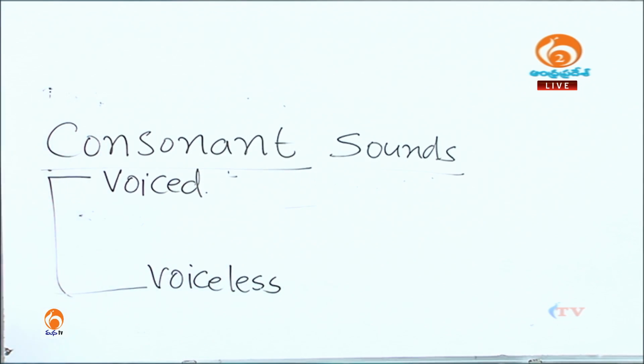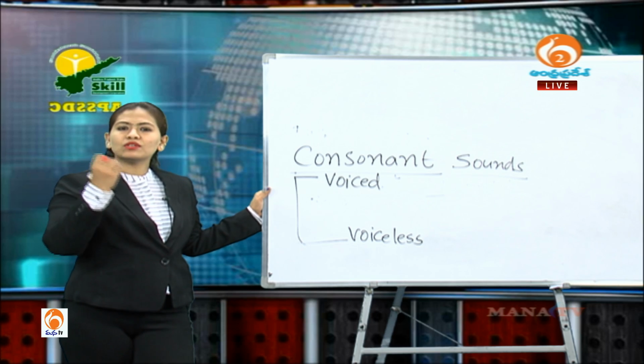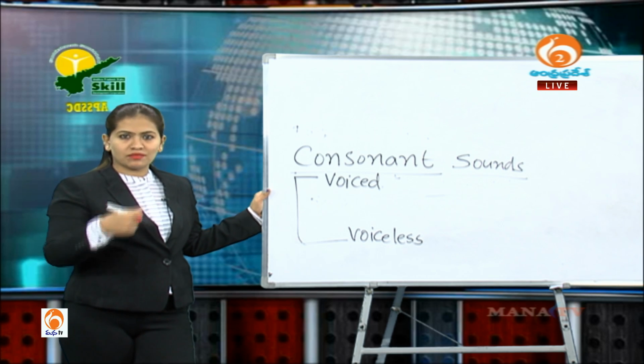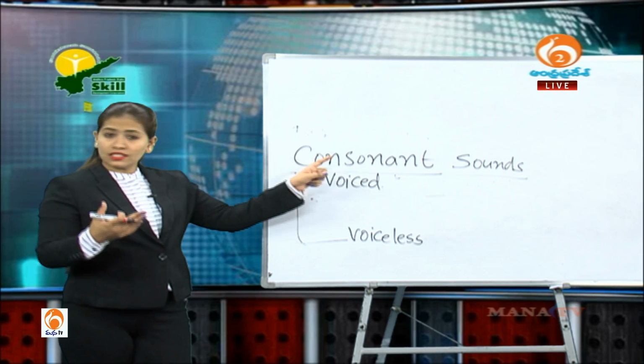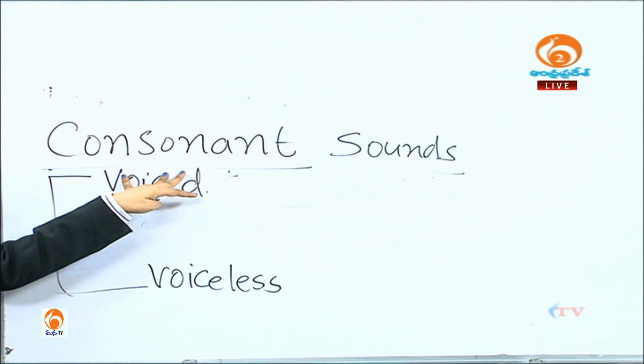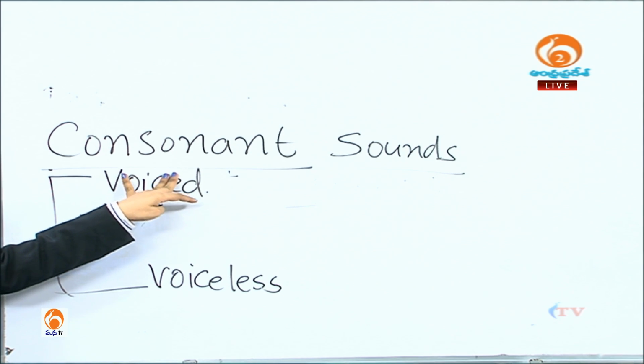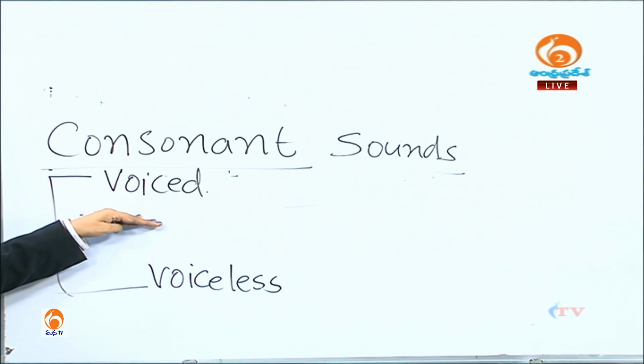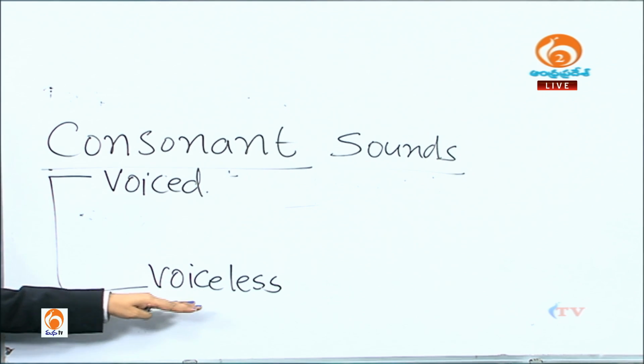When I say voiceless, I mean unvoiced, that is, the element of vibration is less. So once again, there are 24 consonant sounds in English language. They bring about logic and meaning to the expression and to the conversation. They are voiced sounds and they are voiceless or unvoiced sounds.